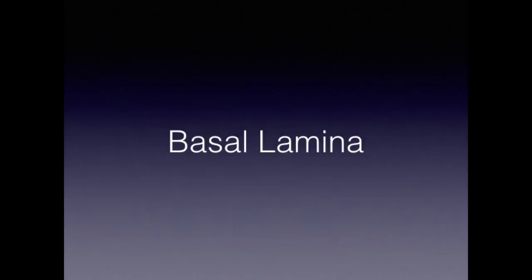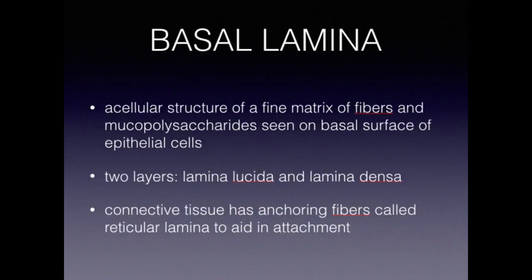Which now brings us to the basal lamina. The basal lamina is an area between the basal surface of one tissue type and the surface of the different tissue types. So this is how basically we have a structure that holds the two tissue types together.